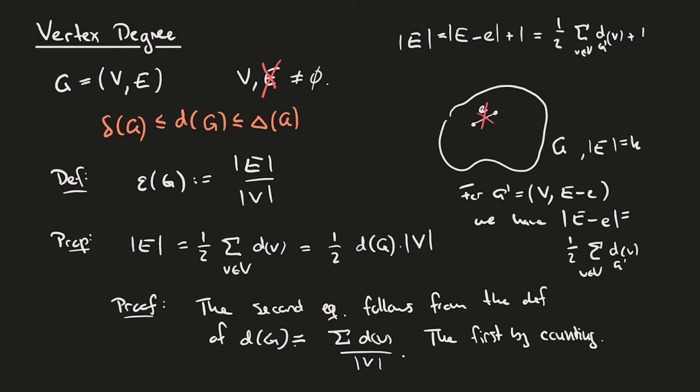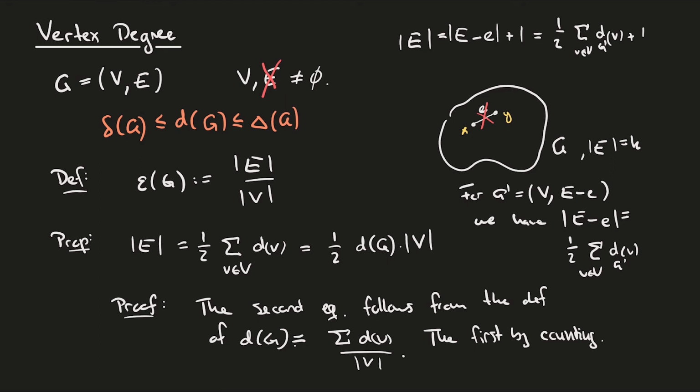And now we need to relate the sum of the degrees of vertices in G prime with the sum of the degrees of the vertices in G. So we look at the endpoints of e, which are the only two vertices that are changed in degree by our removal of the edge e, and we see that each of them loses one incident edge when we delete e.